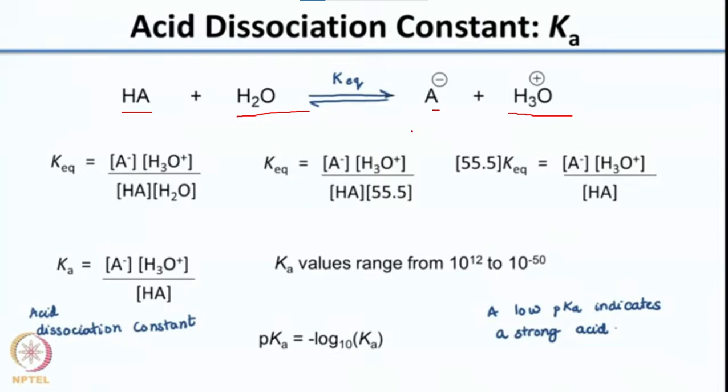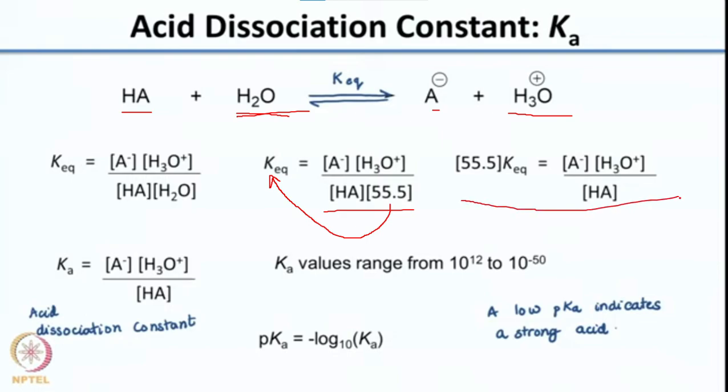Now we fill in the value for water, because we know water is used here, and the concentration of water is 55.5. So we substitute the value for water, then we get this equation. Then this 55.5 can go to the other side in multiplication, right? Here it was in the denominator, it will go to the numerator, that is multiplication. So here we observe this intermediate, right?